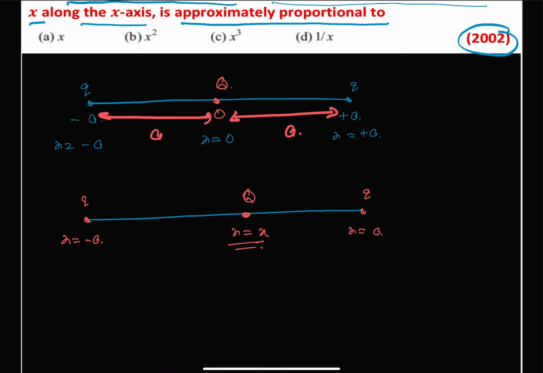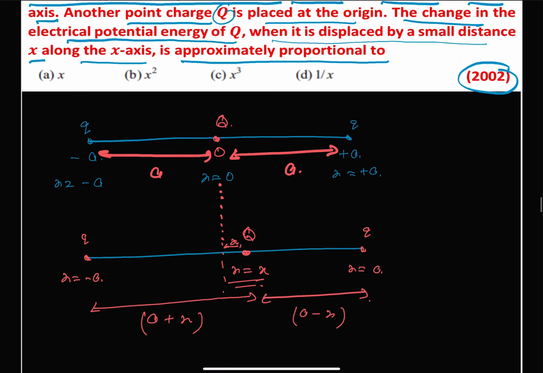This was our original position, and it is displaced by a distance of x. So we can just find out the distances. This distance will be A plus x, and the other distance will be A minus x. And we have to find out the change in the potential energy.